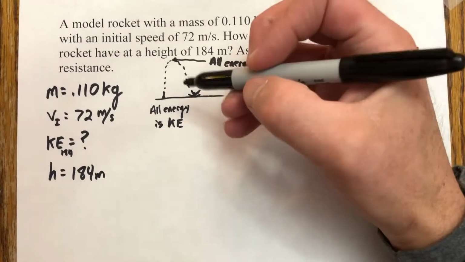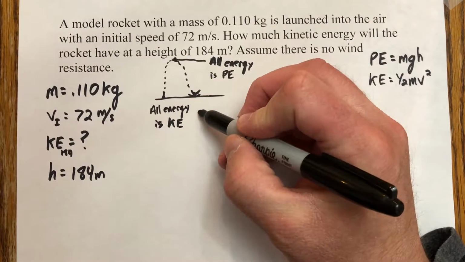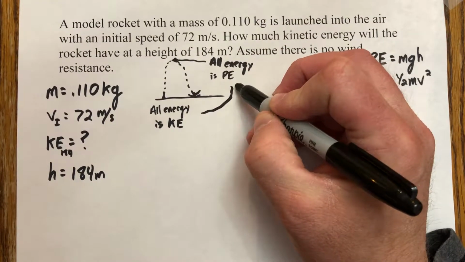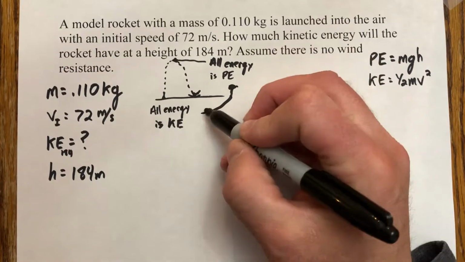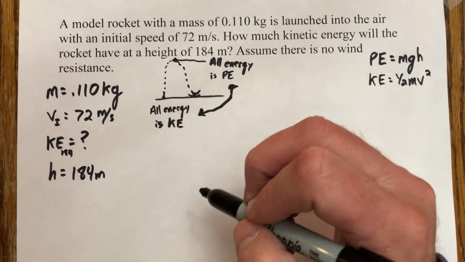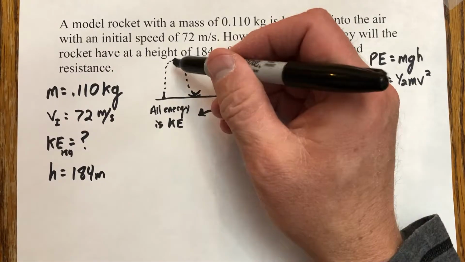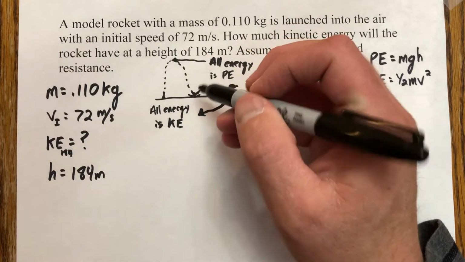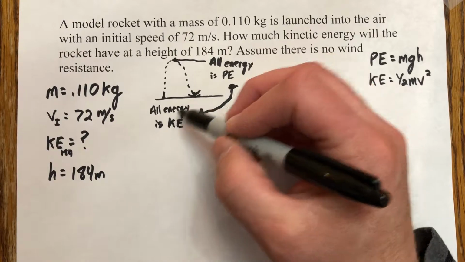Okay? So these numbers right here, this will equal this. Okay? The potential at the top equals the kinetic at the bottom when it takes off. And then as the rocket falls and just before it crashes, all of that potential is now all kinetic again.